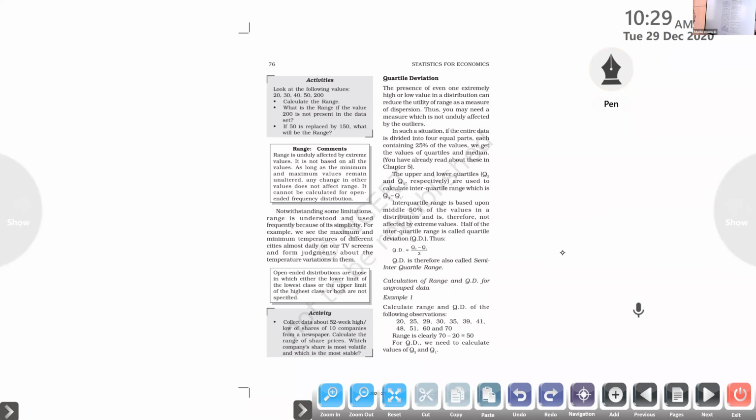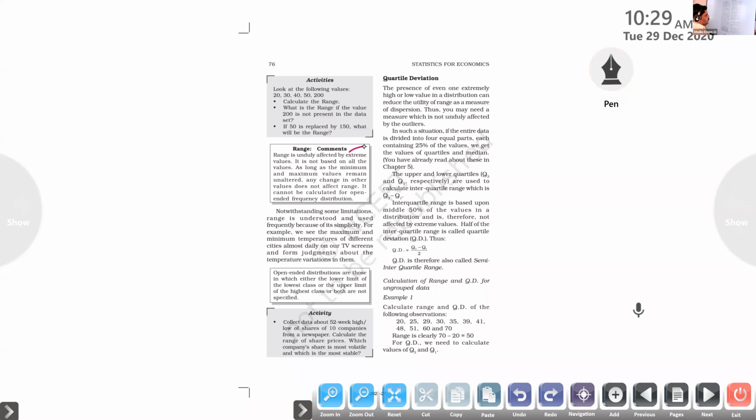Okay. So range is, next comment here, range is unduly affected by the extreme values. It is not based on all the values. Range is related with the extreme values, the small one and the largest one. As long as the minimum and maximum values remain unaltered, any changes in other values do not affect the range.